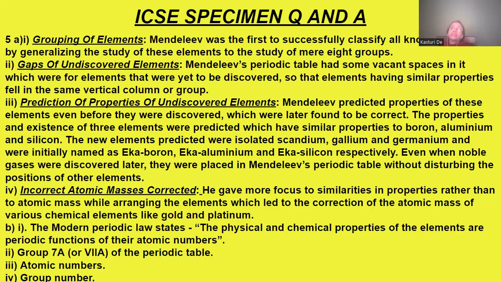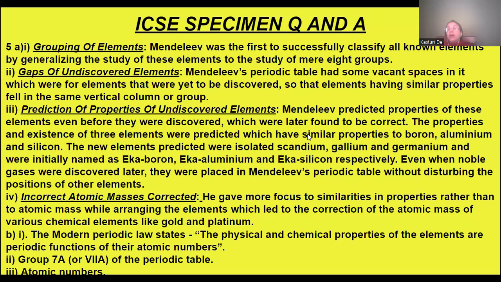The three elements which were predicted had similar properties to boron, aluminium, and silicon. Later it was discovered that these three elements had similar properties to boron, aluminium, and silicon. The new elements predicted were isolated: scandium, gallium, and germanium. Initially they were named after boron, aluminium, and silicon, respectively.